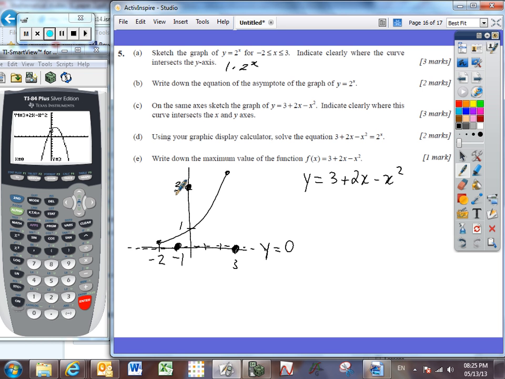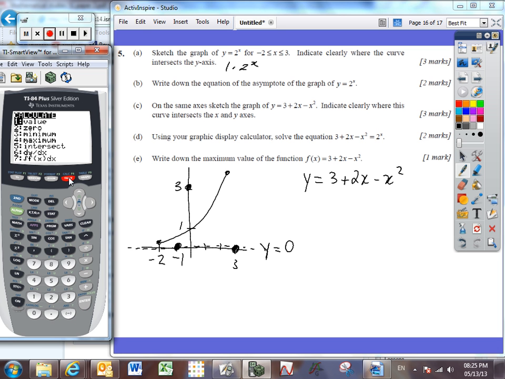And there's one more piece of information we can find, which is the vertex, known as the maximum. And so we'll say second trace to go into calculate maximum. And we need to put the cursor on the left side of the maximum and on the right side of the maximum, and then we'll stick it right on the maximum, or as close as I can get, for my guess. It tells us that the maximum occurs at, alright, now let's interpret this sensibly.